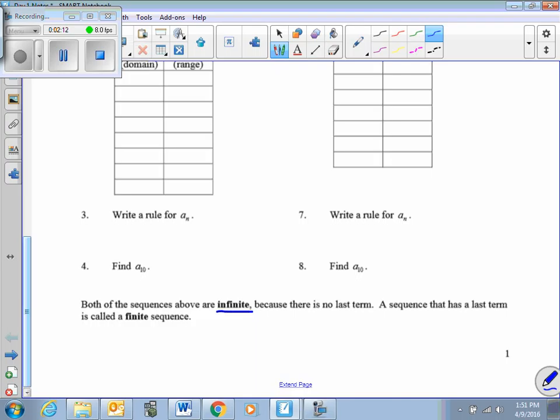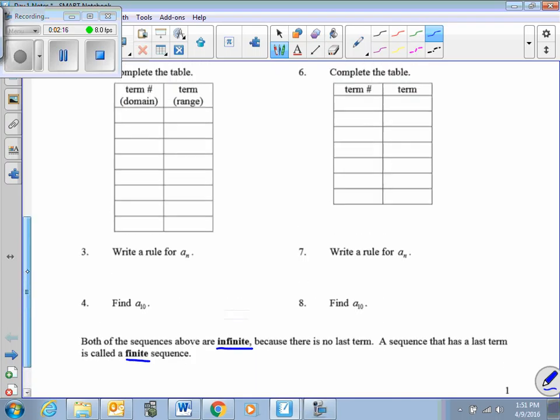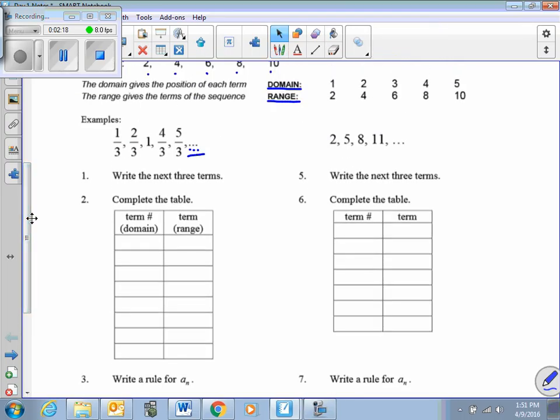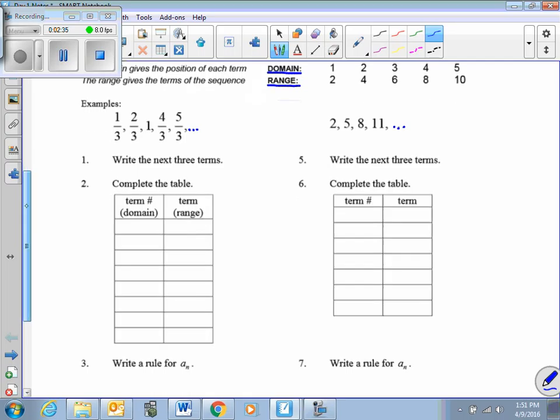There's no last term. A sequence that has a last term is called finite, and you wouldn't have the 3 dots.